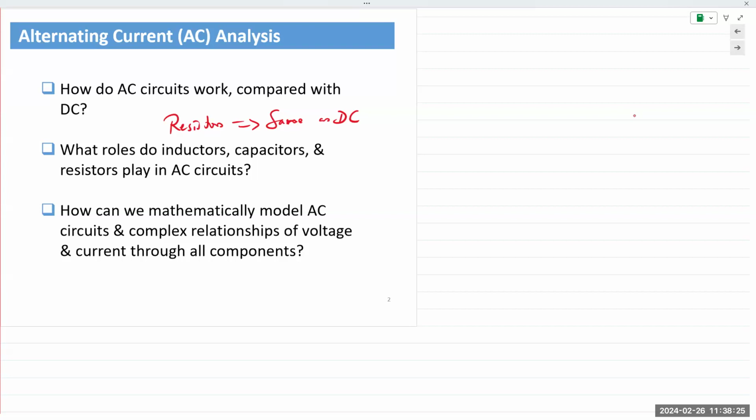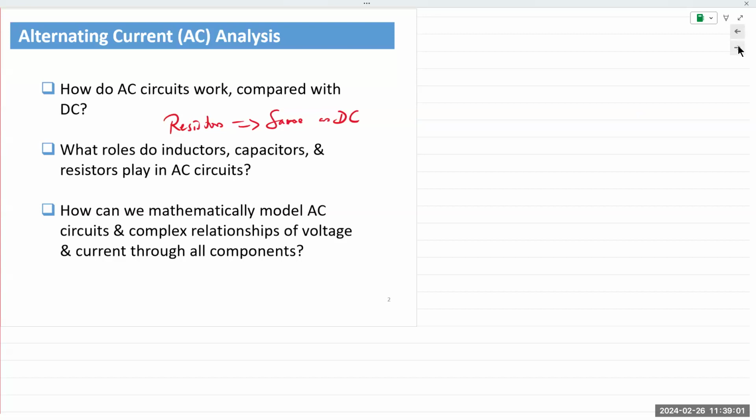Don't worry, we won't actually do node voltage and mesh current for AC analysis, but we'll do the simple Ohm's law, perhaps KCL and KVL also, as time permits. More importantly, it's about learning how to do the mathematical models for the sources as well as the inductors and capacitors, because the techniques are exactly the same. So once you are comfortable with the mathematical modeling, the techniques are exactly the same. We are not learning any new techniques here.